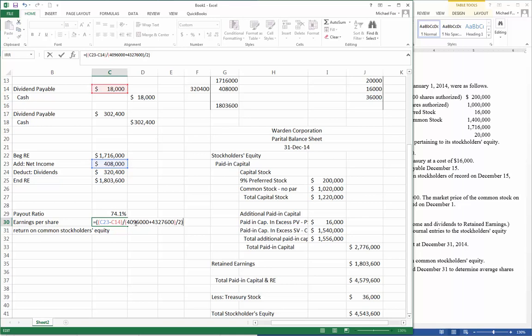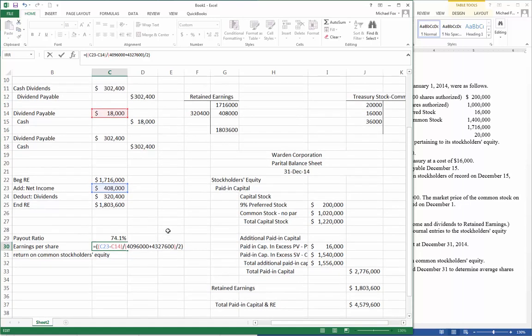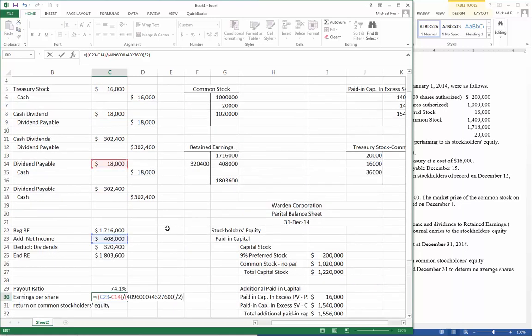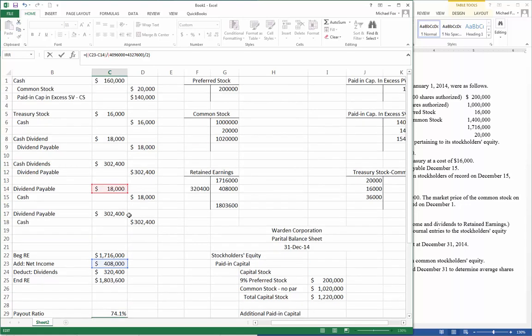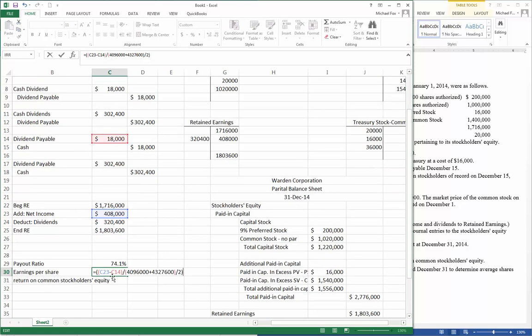So that's how you find return on common stockholders' equity. Want a review of that real fast? We take our net income, that's our earnings, and we subtract out any dividends paid to preferred stockholders so that we have our net income free of that. So that's the net income of $408,000 minus the preferred dividends of $18,000.